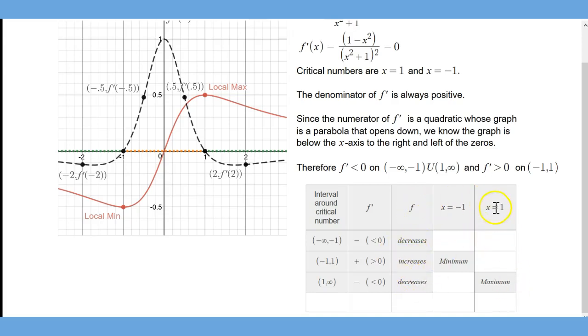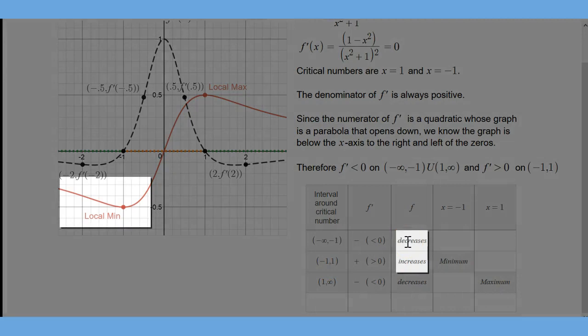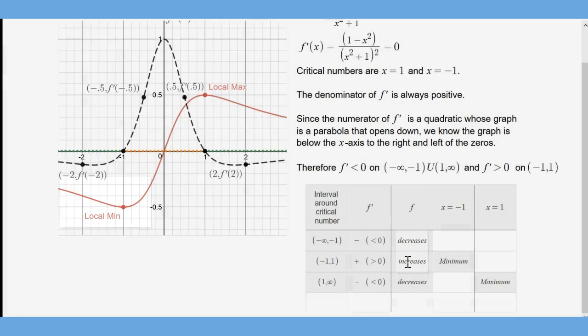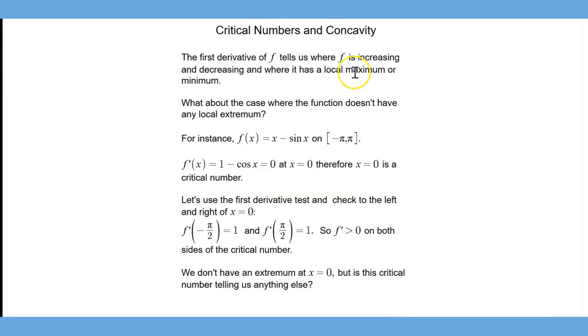And that helps you determine if you have a minimum or a maximum. So we just saw that the derivative was less than 0 to the left of -1 and greater than 0 to the right of -1. Therefore, the function is changing from decreasing to increasing at that critical value, and you have a minimum. And then you have the opposite case around x equals 1, and you have a maximum.